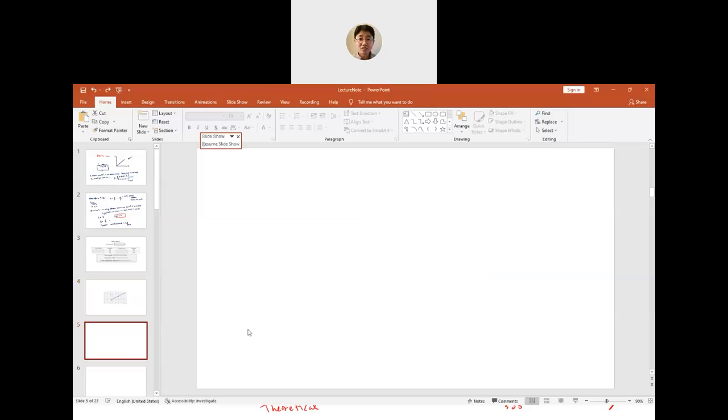Data table 2. What's this one? And then you can see here, copy this one.